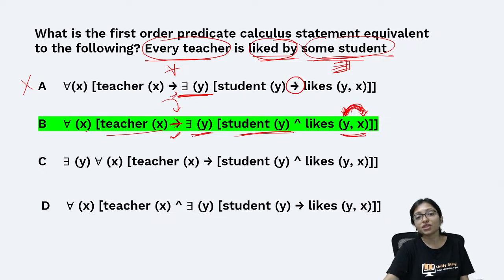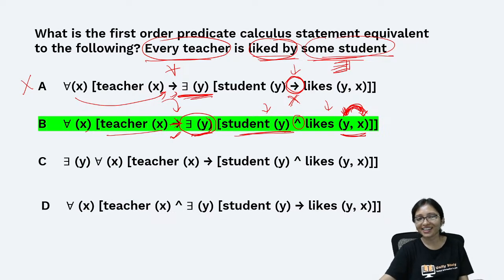And here too there exists. With there exists, can I use implication? Here with for all implication was correct, but with there exists you are using implication. Is it correct? That means if then. They are students and they like the teacher. That's why here it will be and, not the implication.